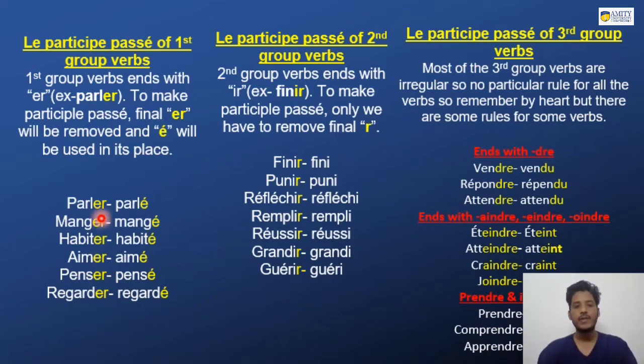For first group verbs, you have to remove er, and instead use é with accent aigu. So parler, er removed, and added é: parlé. Similarly, manger, er removed, é accent aigu: mangé. Habiter, habité. Aimer, aimé. Penser, pensé. Regarder, regardé.